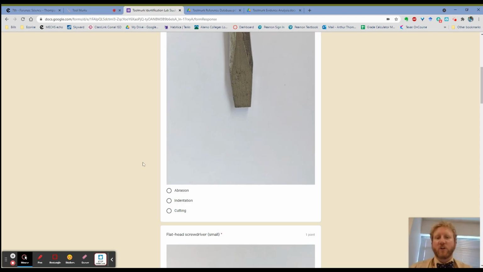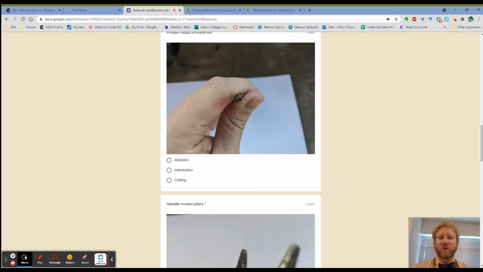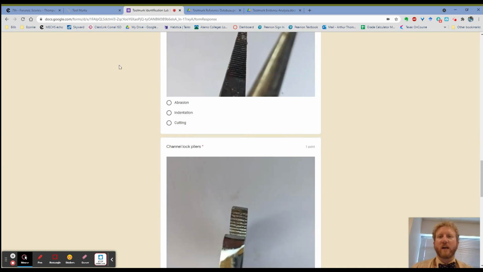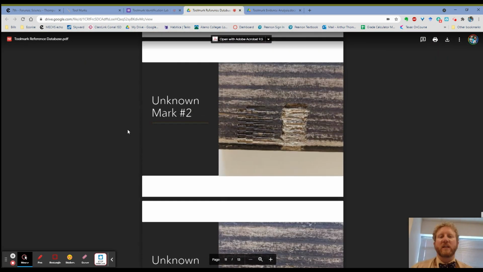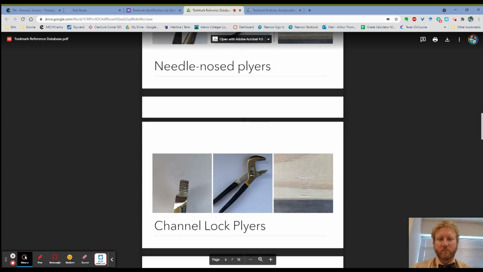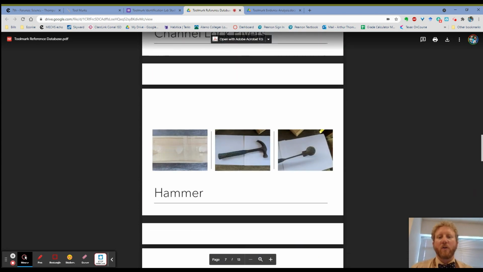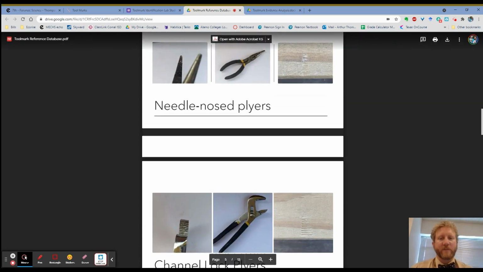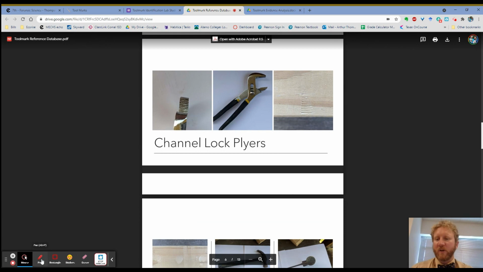All right. So the first part, these are the tools that were collected. You would identify the mark that was made, and you're going to be looking at the reference images that you created here. Okay. So what type of mark is this?